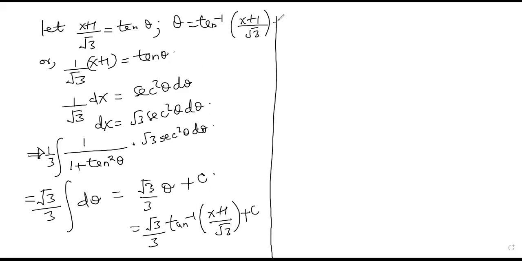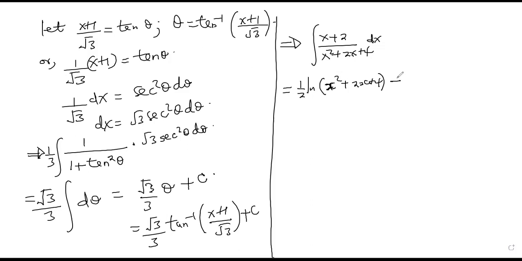Then we merge them. So it would imply that the integral of x plus 2 over x squared plus 2x plus 4 dx is equal to, we had a half ln of x squared plus 2x plus 4, then plus the integral of this, and the integral of that is root 3 over 3 tan inverse of x plus 1 over root 3.